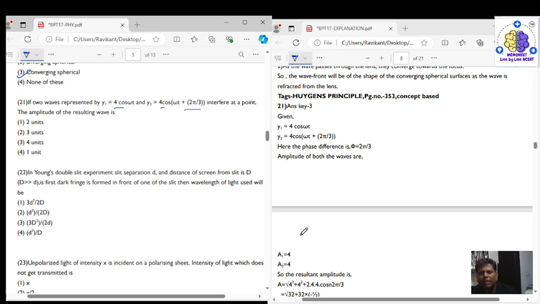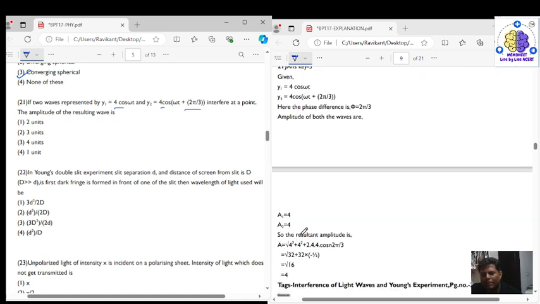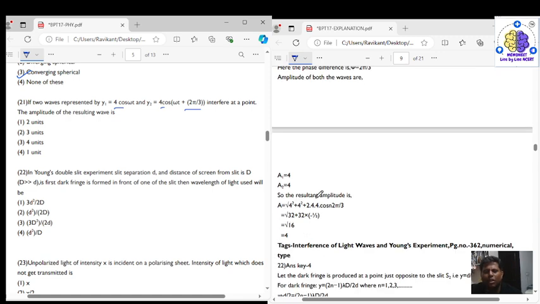So the value of resultant amplitude has been given by the formula A is equal to under root of A1 square plus A2 square plus 2 A1 A2 cos phi, right?